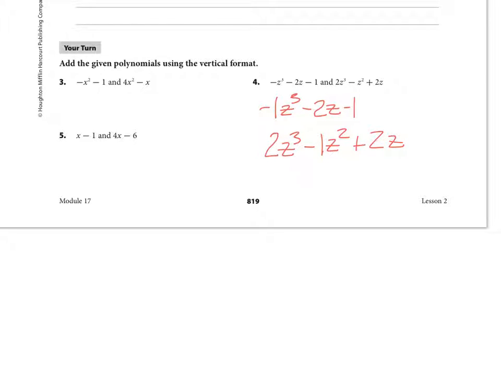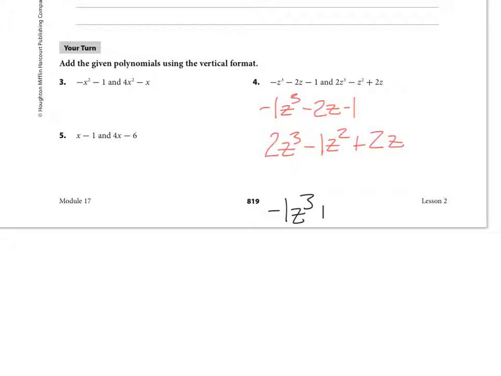Now, what I don't have is an alignment here. So what I need to do is go back and shift over my terms from my 2z and my negative 1. So I'm going to rewrite this.